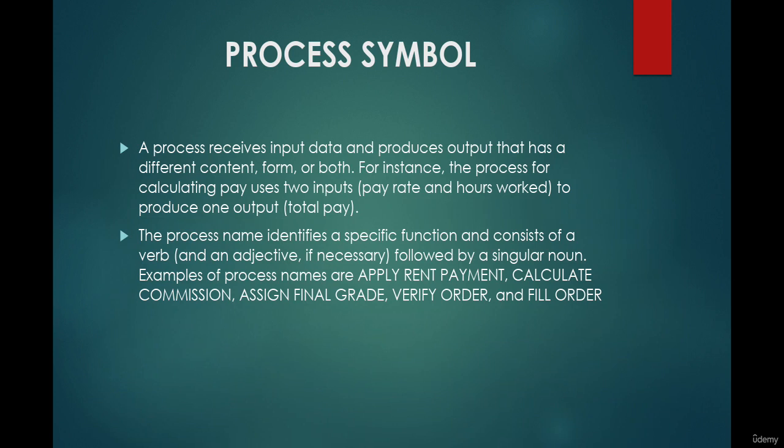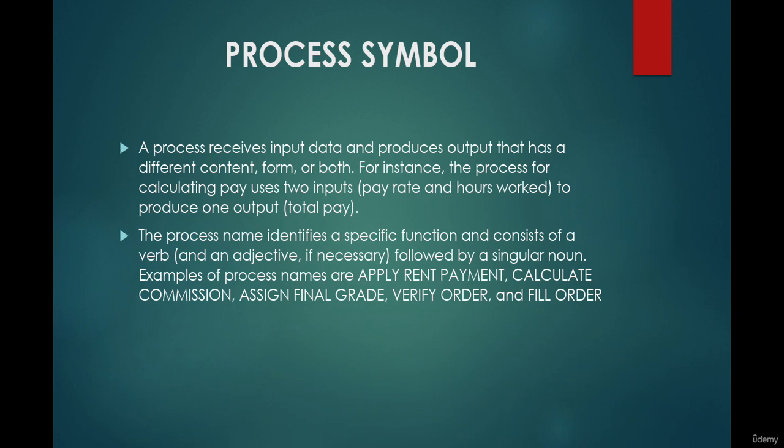In a typical company, processes might include calculating sales trends, filing online insurance claims, ordering inventory, verifying email, and so on. Processes contain the business logic, also called the business rules, that transform the data and produce the required results.